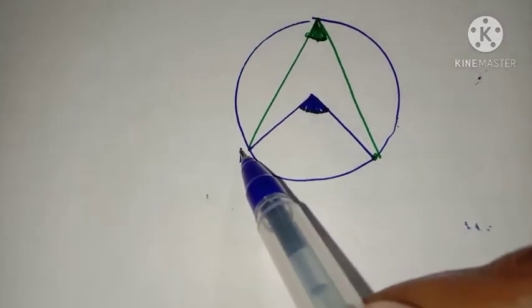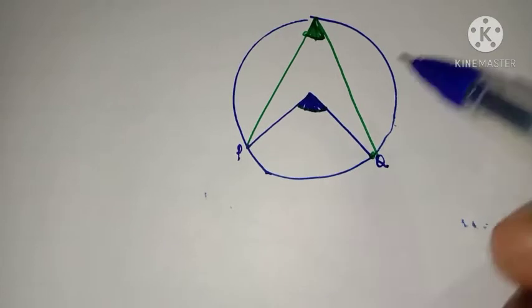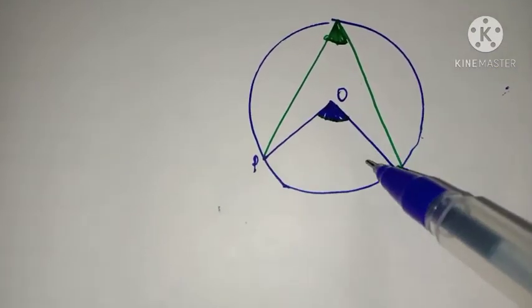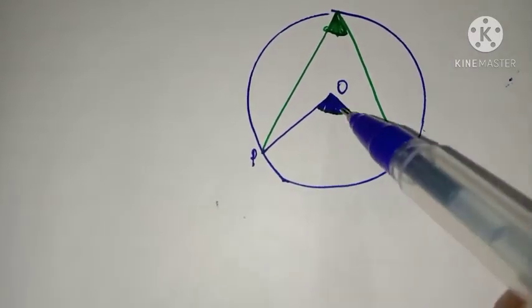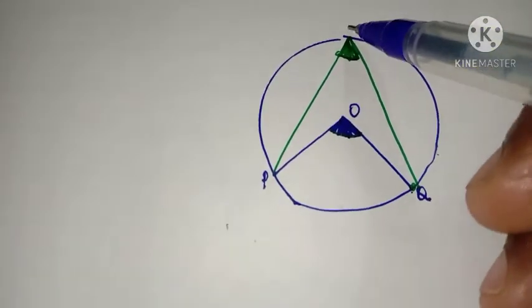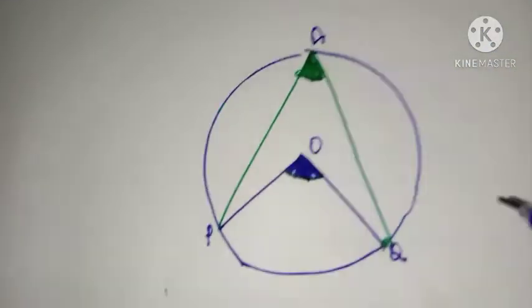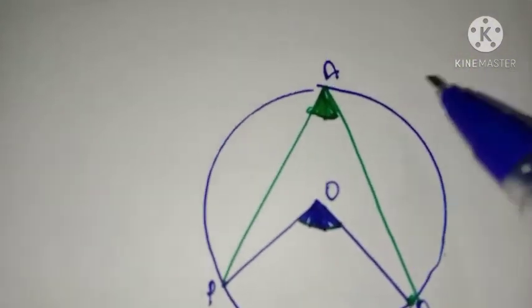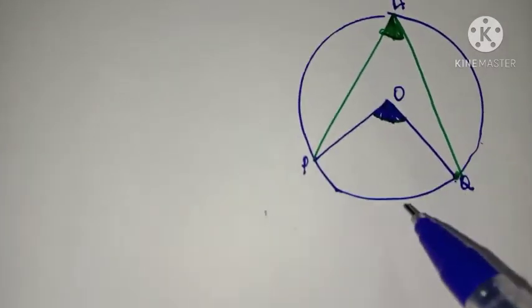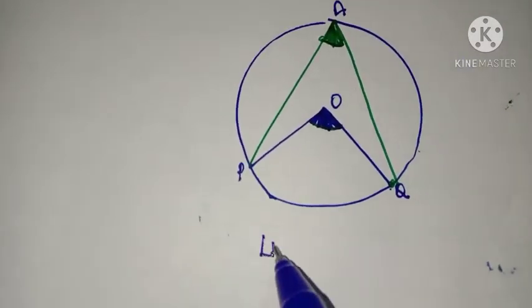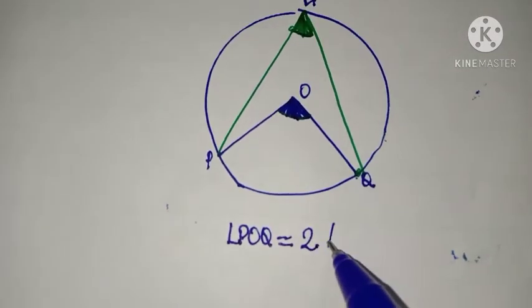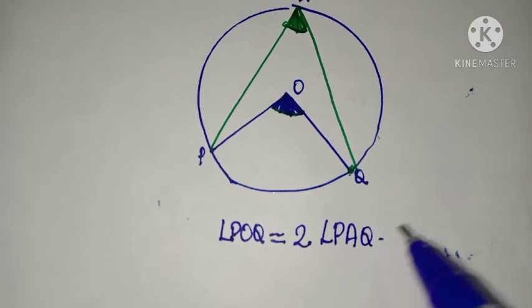See, PQ is a minor arc of the circle, O is the center, and therefore POQ is the angle subtended by this arc PQ at the center. A is another point on the circle, and angle PAQ is the angle subtended by the same arc PQ at the point A. We need to prove that angle POQ, the central angle, is double the angle PAQ.